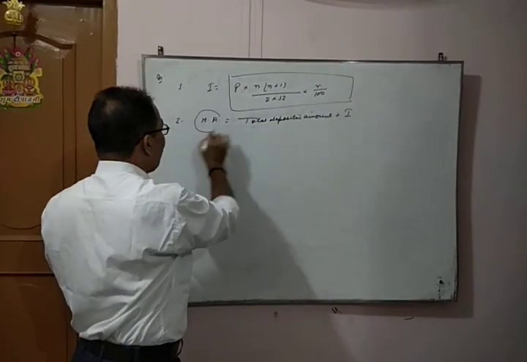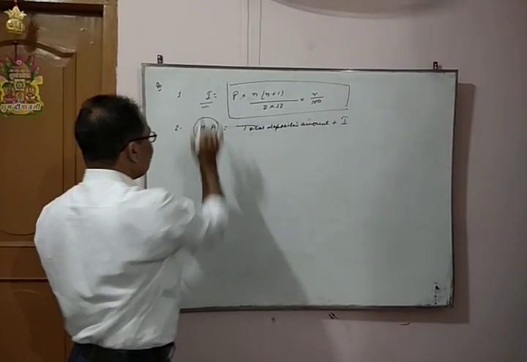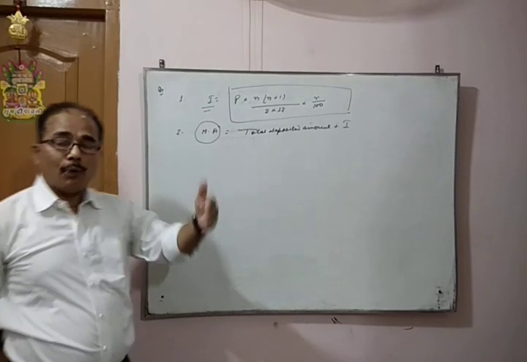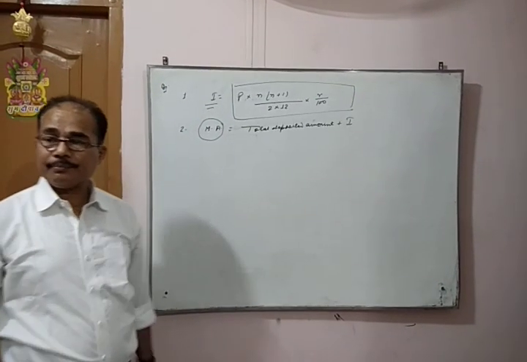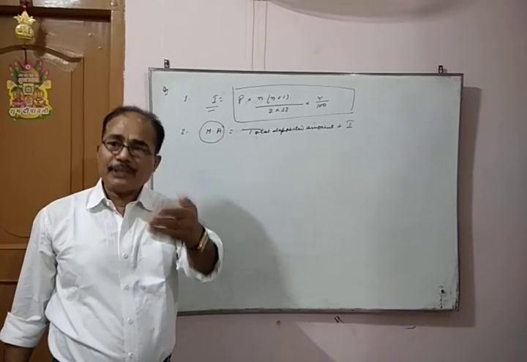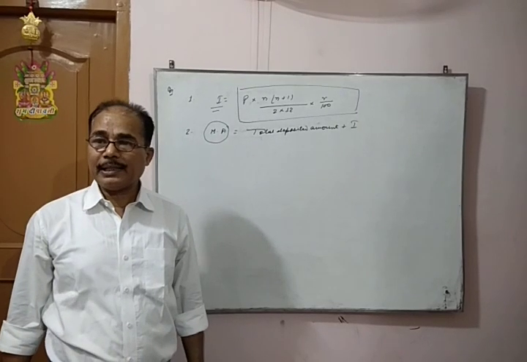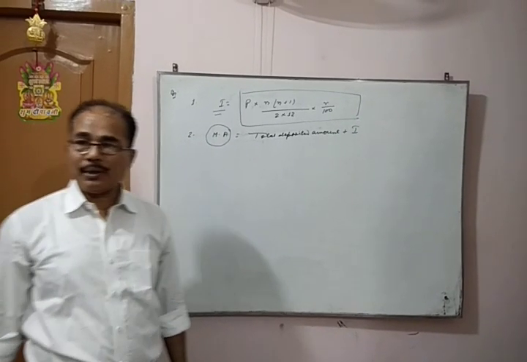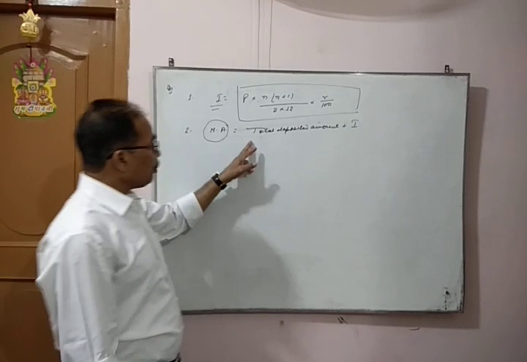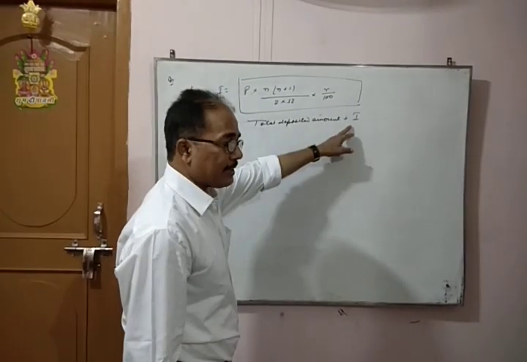Second is the matured amount. Matured amount is the total amount received by the depositor after completion of the time period. This is equal to total deposited amount plus interest.